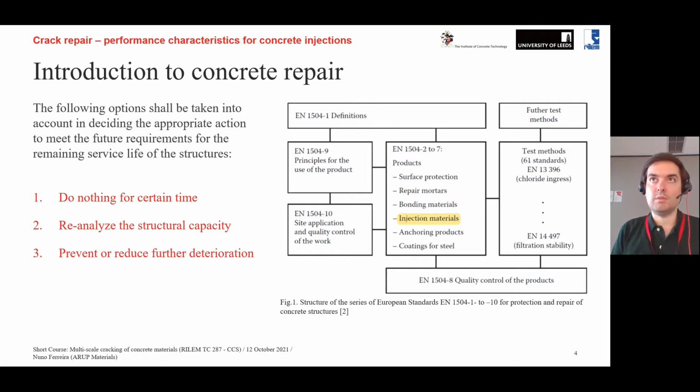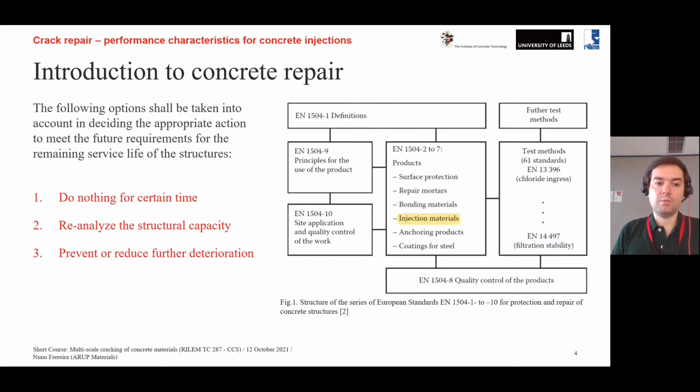Now, we should bear in mind that when we have to decide on an appropriate action to meet the future requirements of a particular structure, there's a couple of steps that we always need to bear in mind. And sometimes the most important is to just do nothing for a certain time. This is particularly relevant for crack repair, because there are some that cannot really be applied unless the crack is dormant.